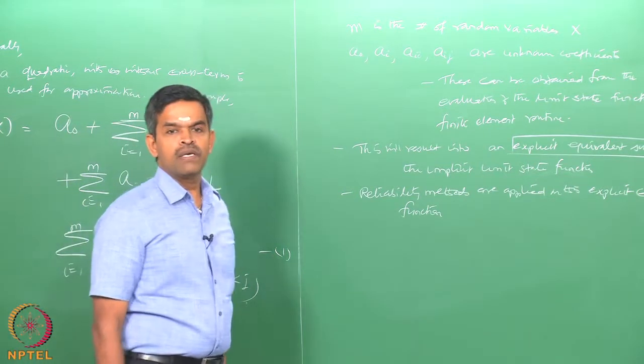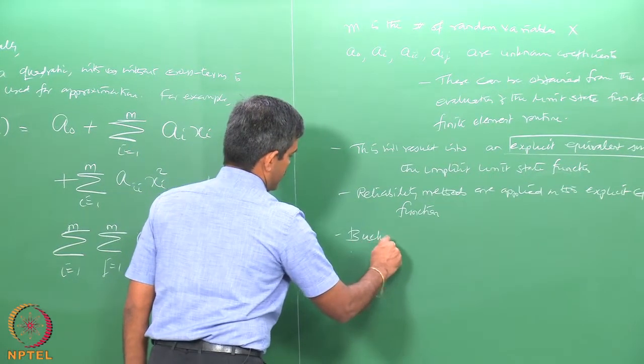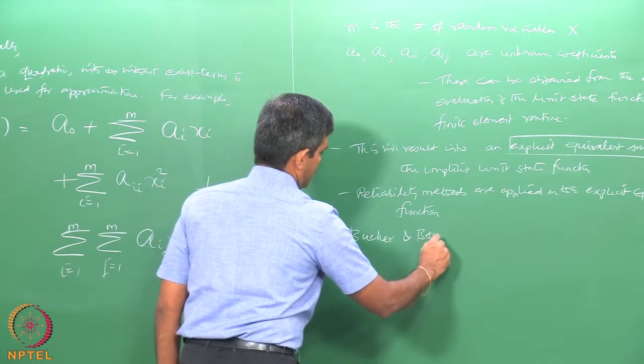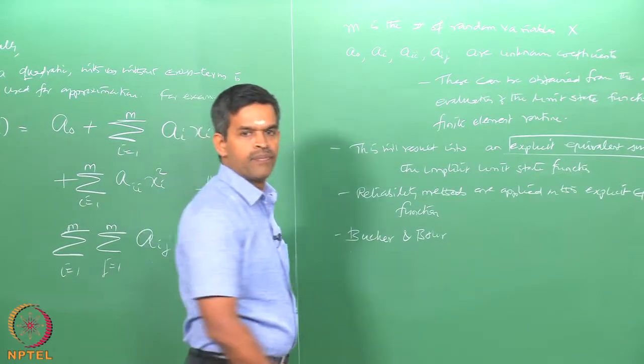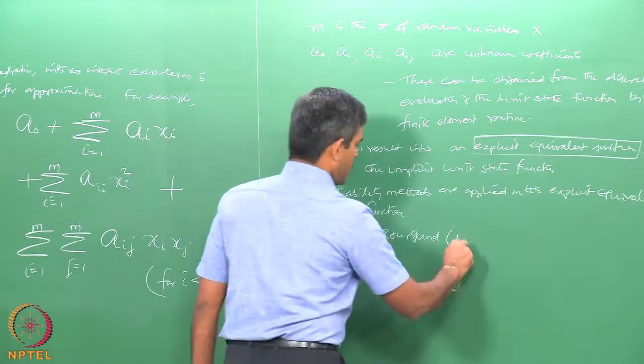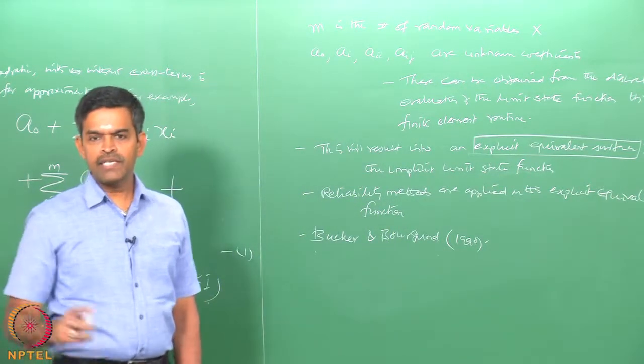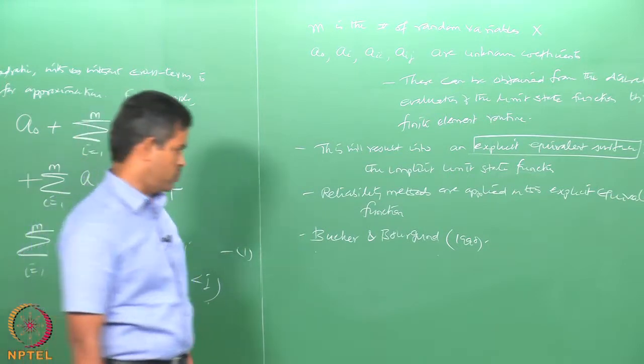This is advised by Bucher and Bourgund, who in the year 1990 proposed an iterative response surface approach.